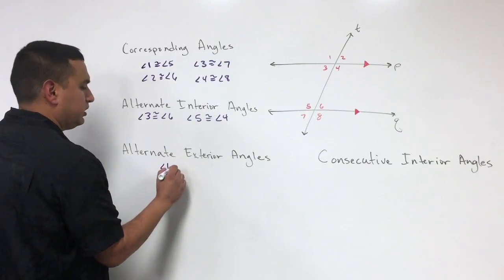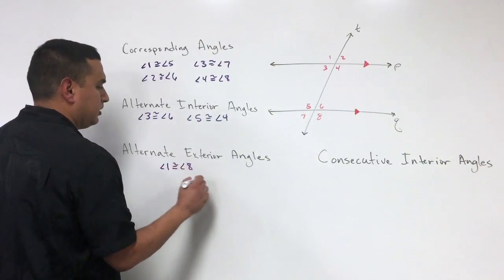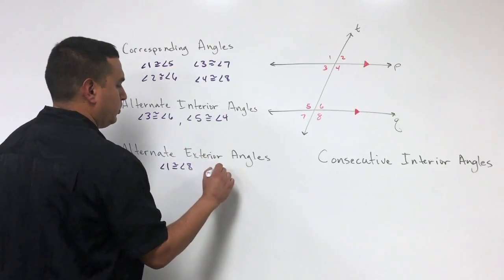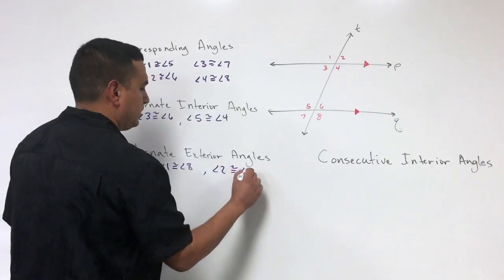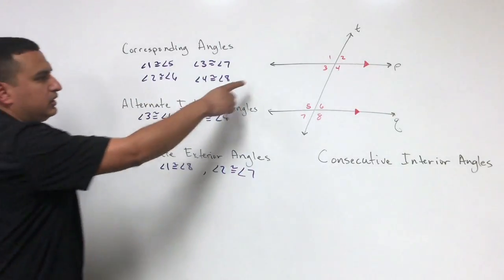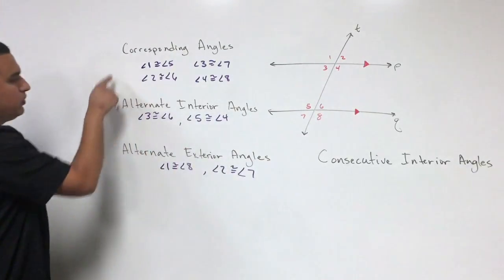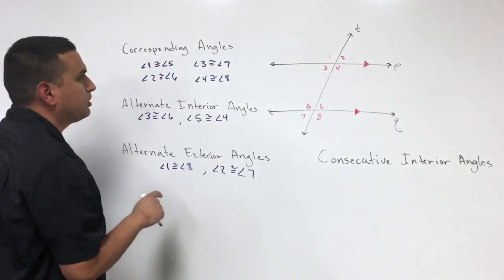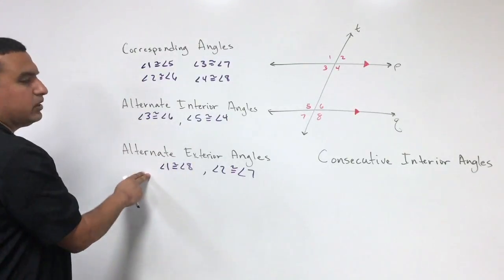You would say angle 1 is congruent to angle 8, and the other pair, angle 2 is congruent to angle 7. Okay? So if you have parallel lines, these three angle relationships give you congruent angles.